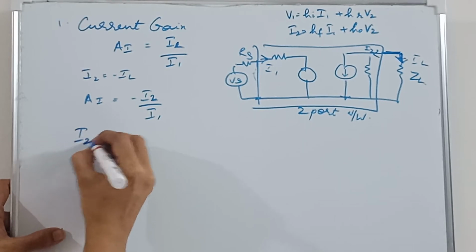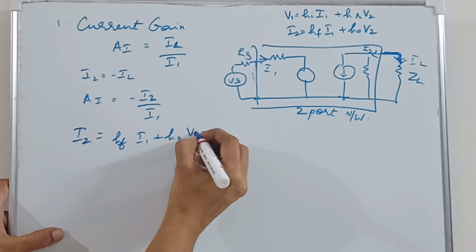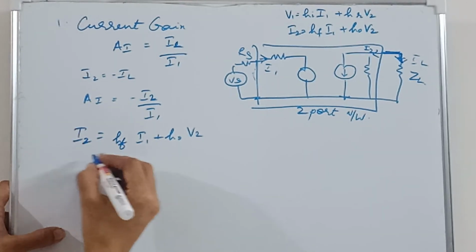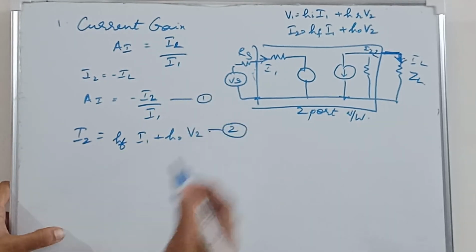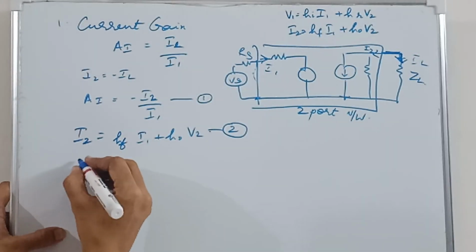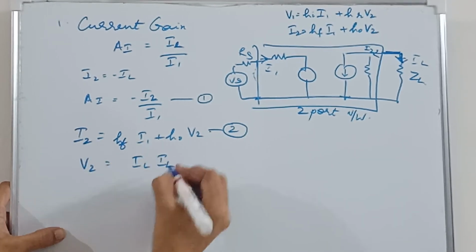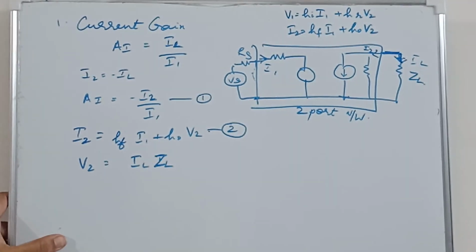But from the equation we know that I2 is equal to HF I1 plus HO into V2. But our V2 will be output current into output impedance.